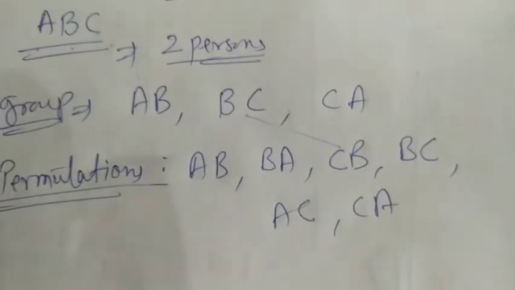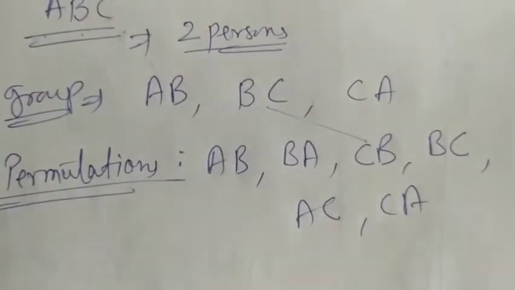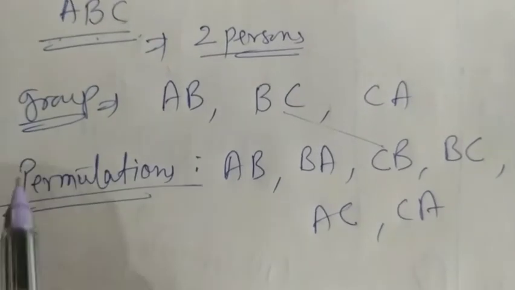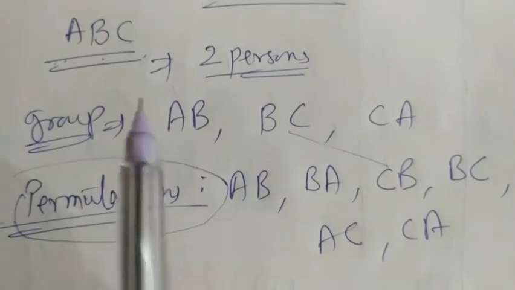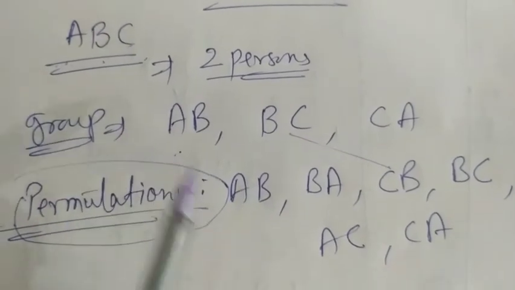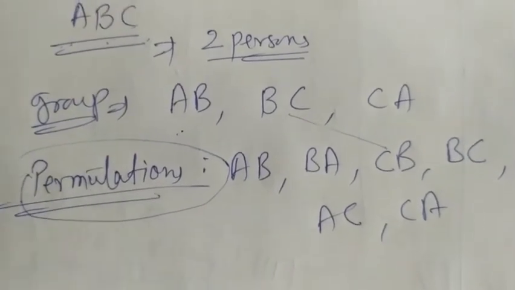It means a total of 6 permutations. It means whenever we are making permutation, firstly we are choosing someone and after that we are arranging them in an order.